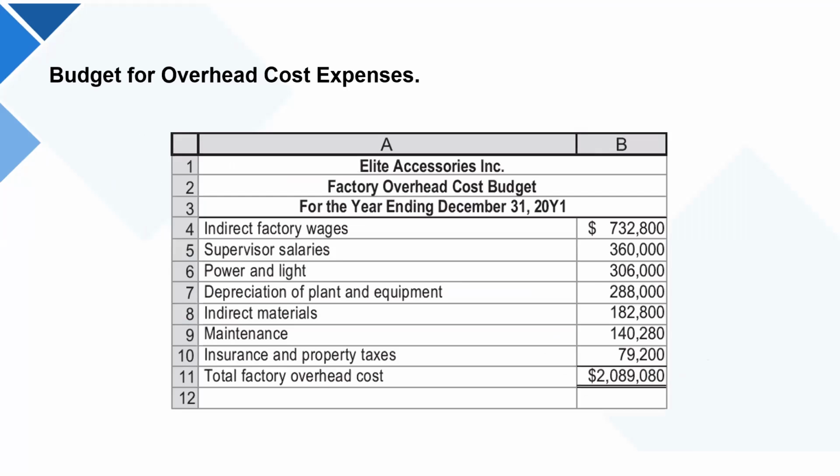It's just the list of all the expenses I expect as overhead expense. For example, the indirect factory wages, the supervisor salaries, power and light services, depreciation of plant equipment, indirect materials, maintenance, and insurance and property taxes. All of that information added up is my budget of overhead expense.